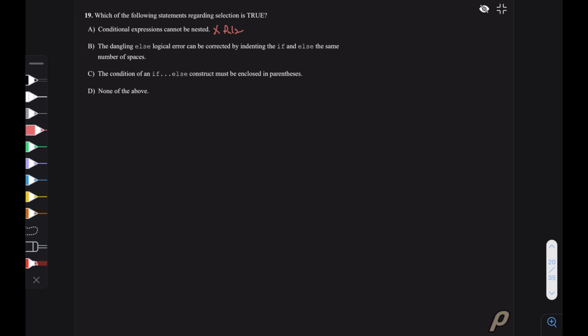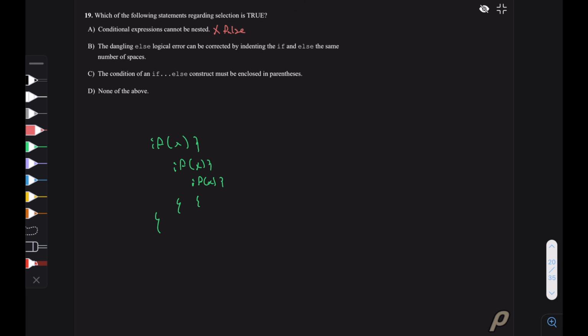What it means by nested is, if we have if some expression here, can we have another one inside of it like this, and maybe even more, which of course we do know is true, as you're allowed to nest them as many times as you want. You might want to be careful, but you are allowed to nest them, so that is false.